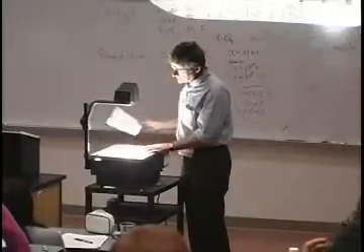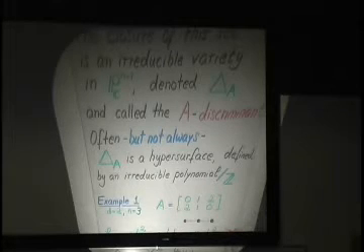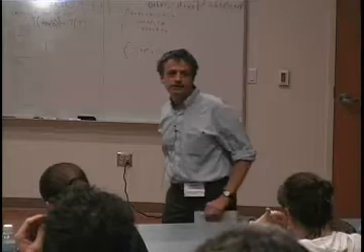So often, but not always, the discriminant will be a hypersurface. Now, if it's irreducible and if it's a hypersurface, then it's going to be defined by a unique, up to sign, irreducible polynomial of content 1, and I will also call that the A discriminant.